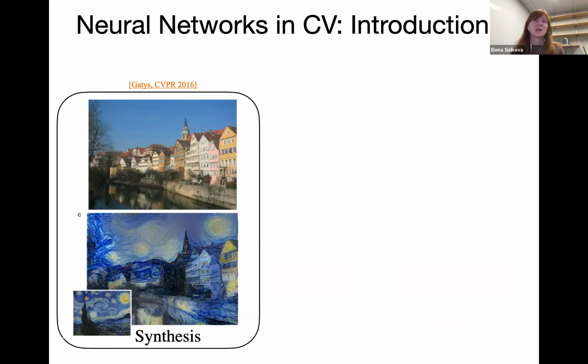Some of the prior work on that is by Gatys from CVPR, one of the main conferences in computer vision. Here the idea was to make the image on the top look like Starry Night by Van Gogh. You can see that the merge of the two images, which is part of computer vision called synthesis, looks similar to both images.